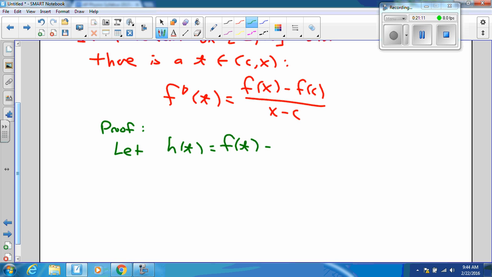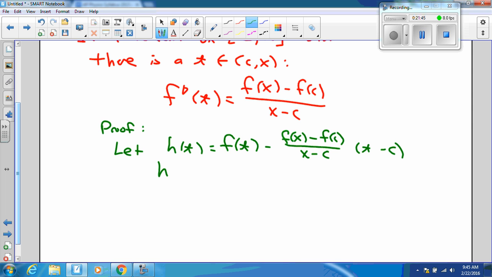So let h of t equal f of t minus, and then we let h be our tangent line approximation.